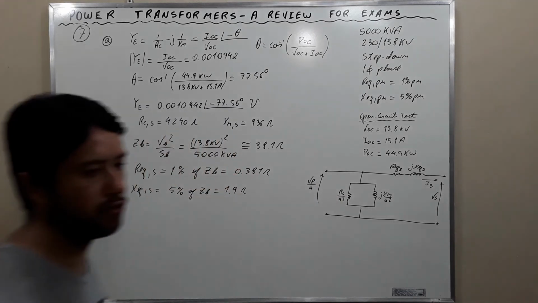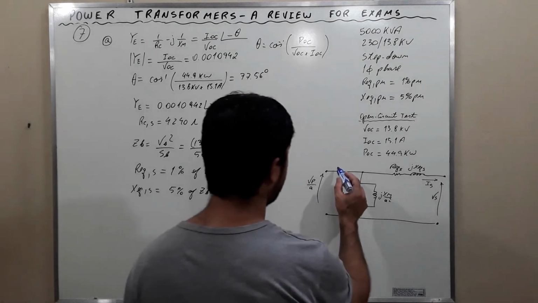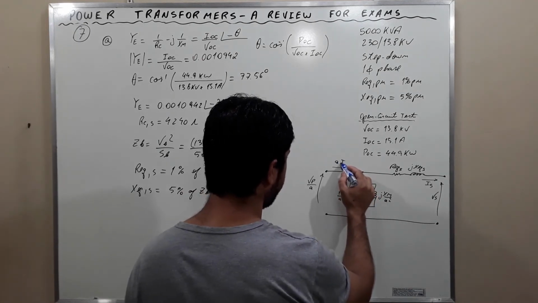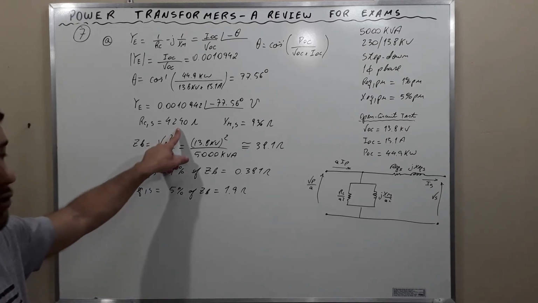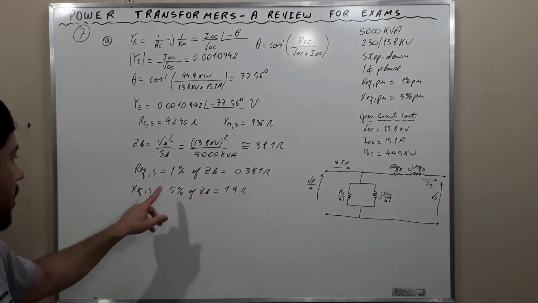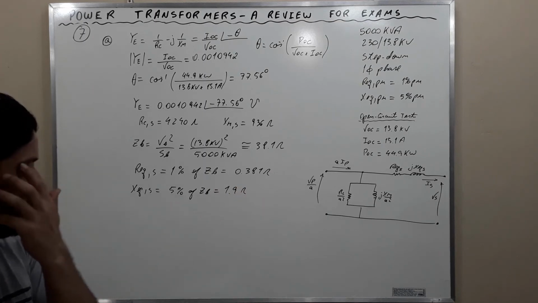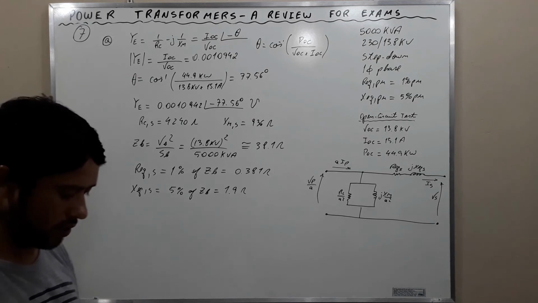We use the turns ratio to refer from one side to the other, and here is the input current referred to the secondary side. This is the model, and these are the values: RC and XM referred to the secondary side, the series equivalent resistance, and the series equivalent reactance.